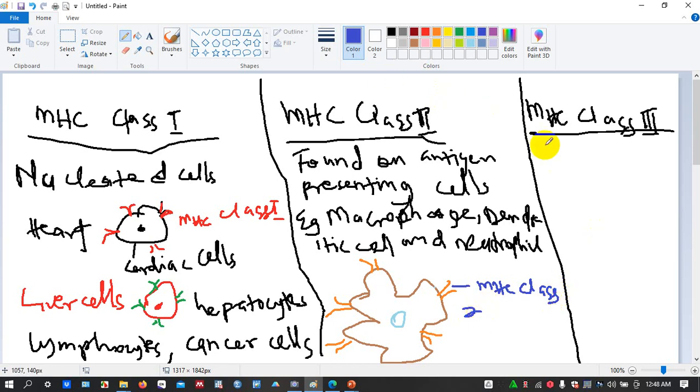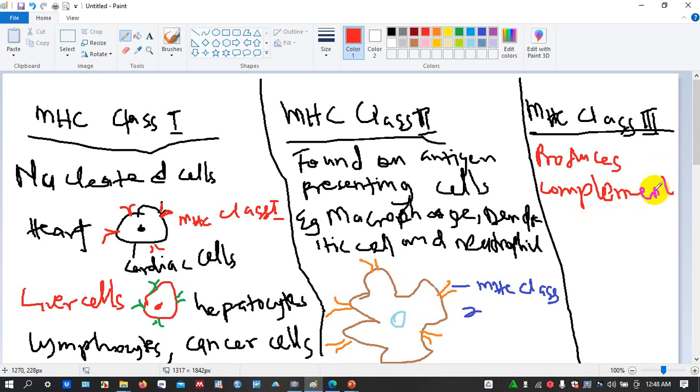Then the function of the MHC class 3 is that it produces complement proteins, like the complement cascade.